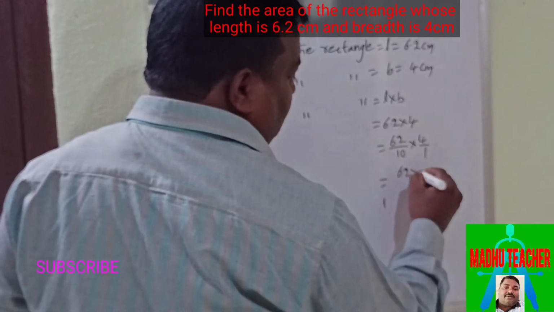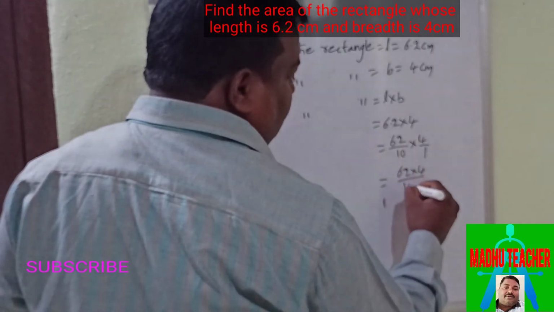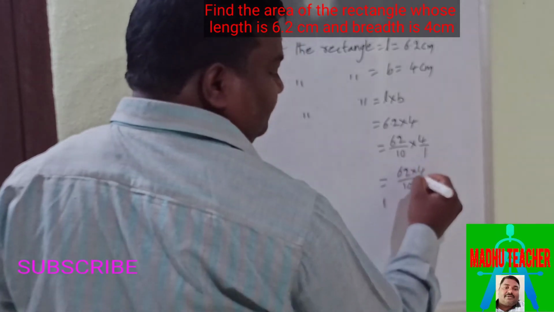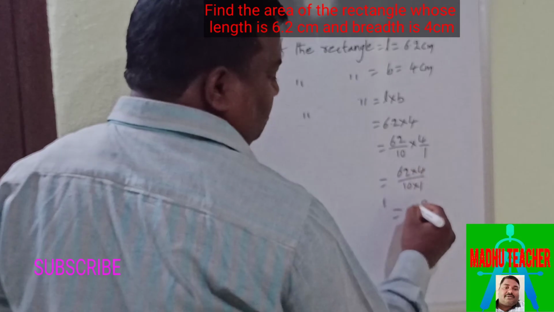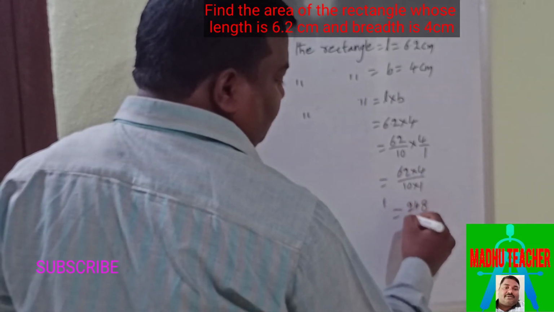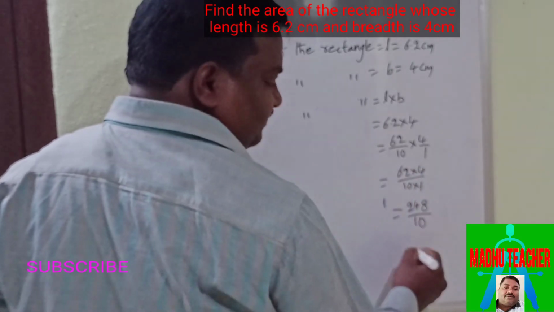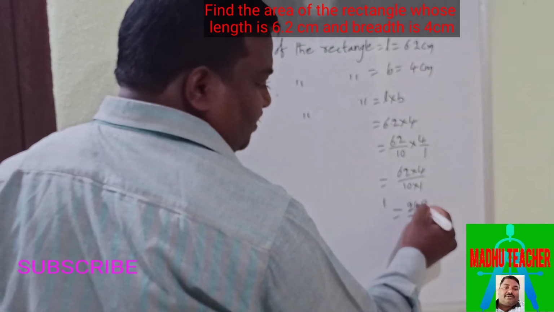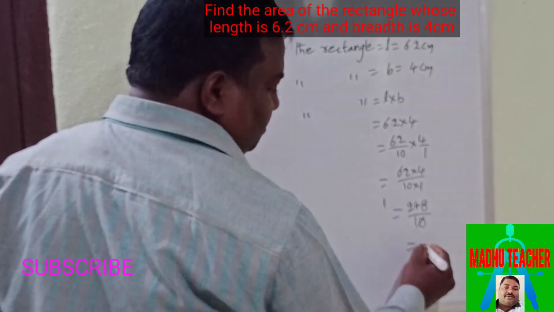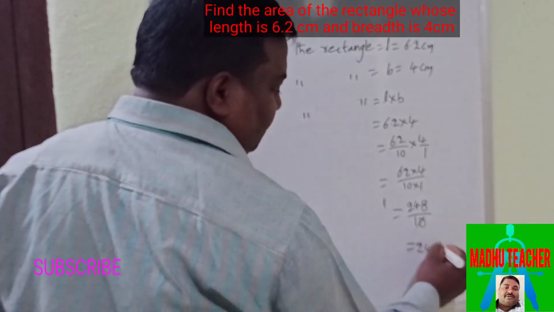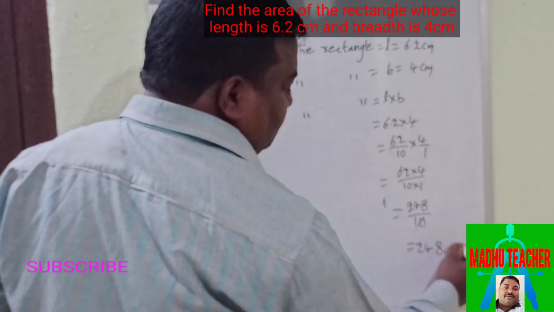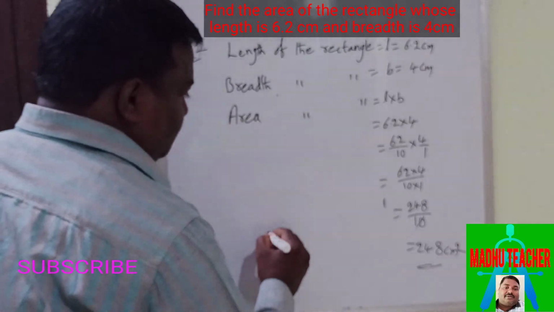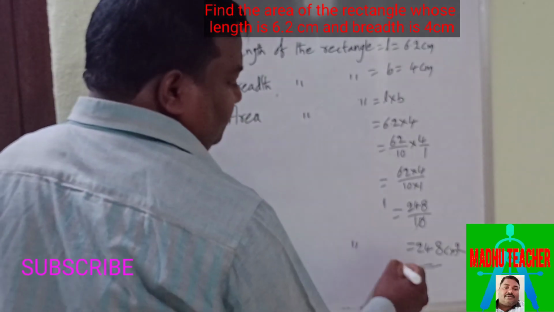Numerator into numerator by denominator into denominator. 4 twos are 8, 6 fours are 24, by 10 ones are 10. 0 cancel, put point before one digit, that is 24.8 square centimeter. This is the area of the rectangle.